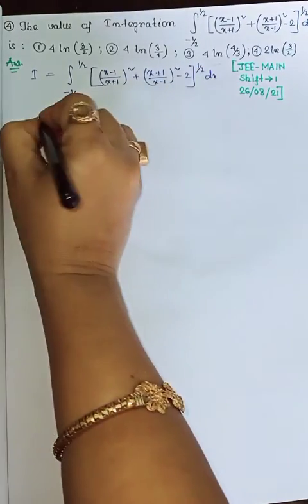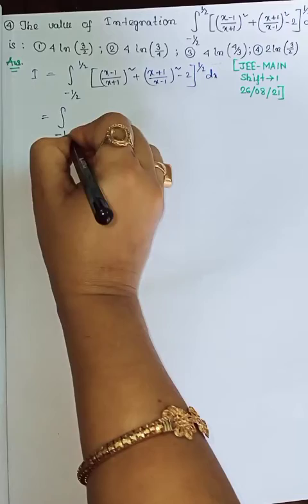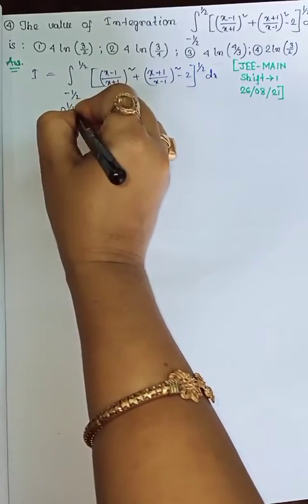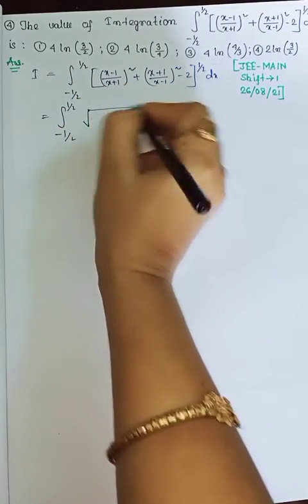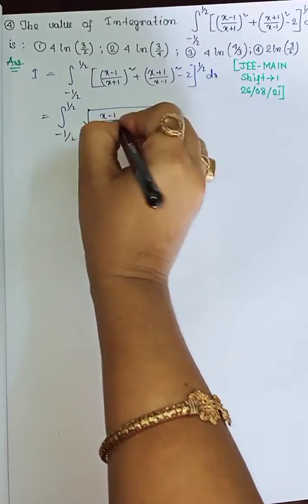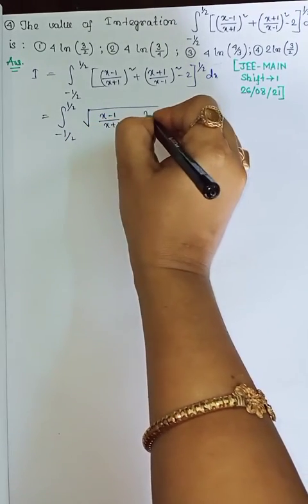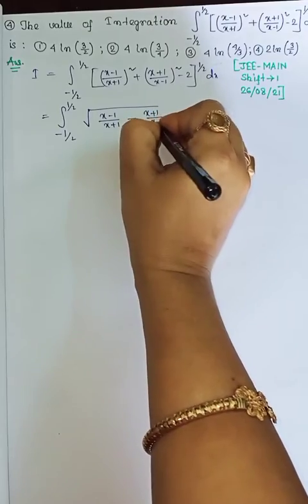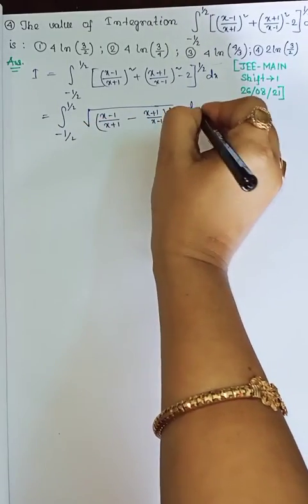Now simplifying this one, between the limits minus half to plus half, this becomes the root of (x minus 1 divided by x plus 1 minus x plus 1 divided by x minus 1) whole square dx.